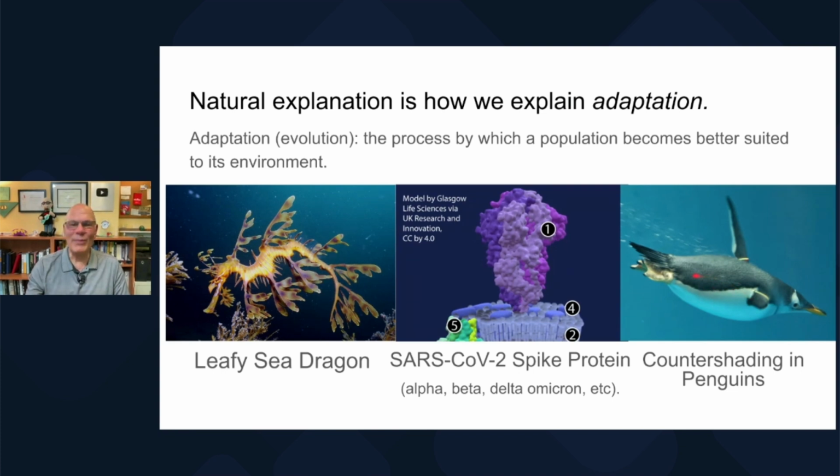Here's a cool example of an adaptation. Penguins have this cool thing called countershading, where the back is black, more melanin, the bottom is white. Why is this adaptation? Because when you think about it, penguins are both prey and predators. So an animal that was the predator of a penguin looking from above would have difficulty seeing it because it would be looking into the dark ocean bottom.